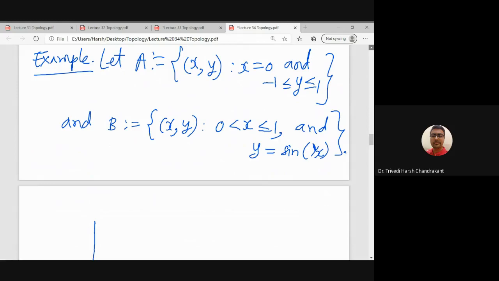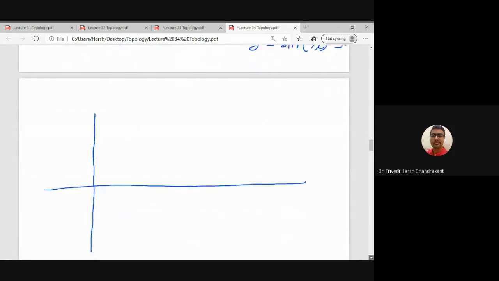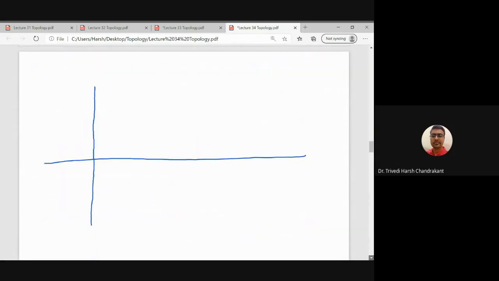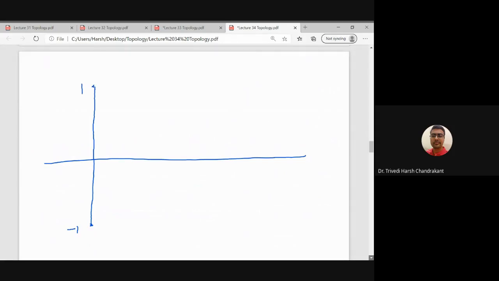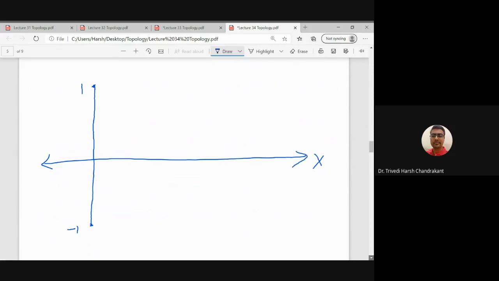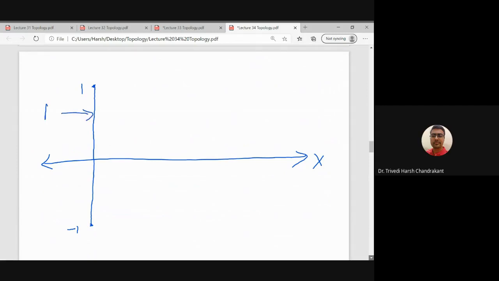So all points on the y-axis which are between -1 and 1. Let us say this is my -1 and this is my point 1. So this vertical line segment is basically the set A, all the points on that.